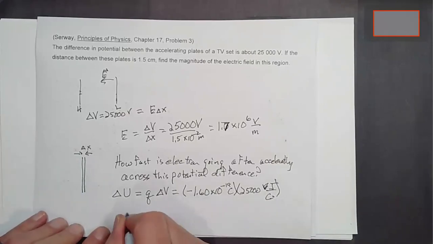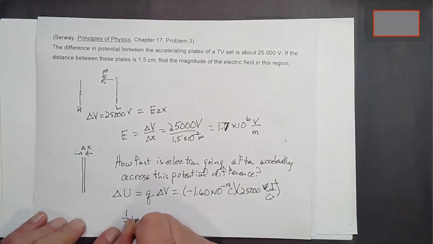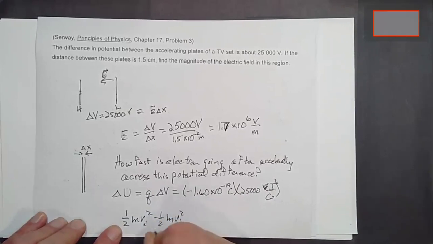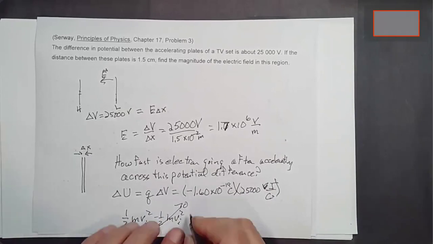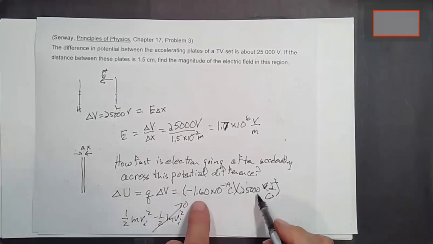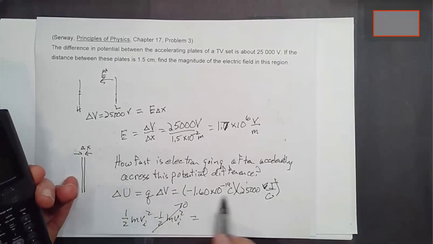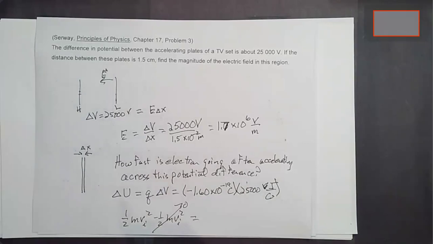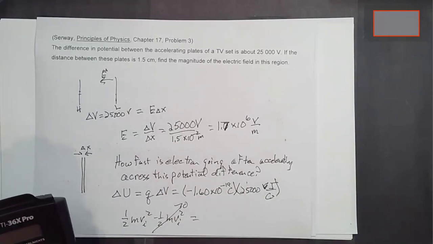but that'll equal the gain in kinetic energy. If it starts from rest, 1/2 m v final squared minus 1/2 m v initial squared, the initial term will be 0. And so that'll equal this product here, but changing the sign on it, because this is the lost potential energy, which is equal to the gain in kinetic energy magnitude wise.